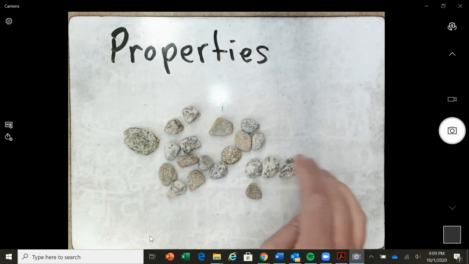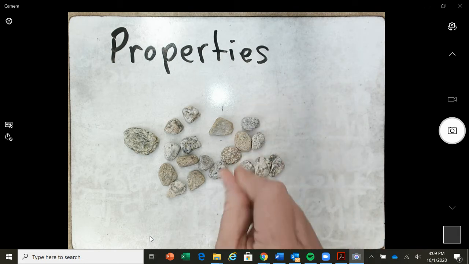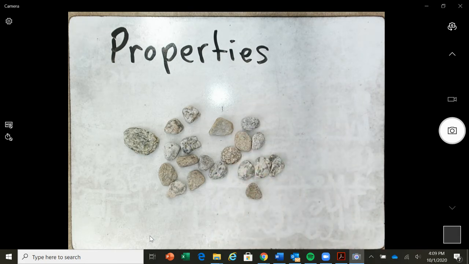Some of them have stuff on them that makes them feel kind of like chalk, like sidewalk chalk. So my task today is to sort these river rocks by a property. So I'm going to sort these rocks into groups.